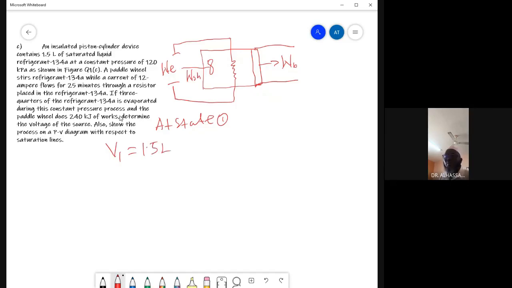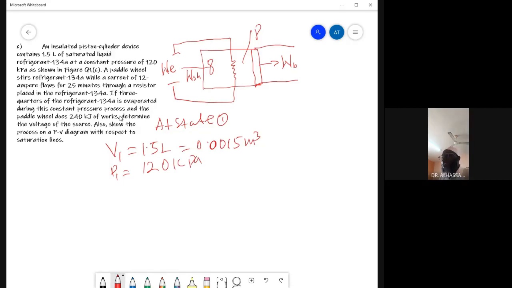This gives us, in meter cube, about 0.0015 meter cube. Then the pressure in the system is P1 equals 120 kilopascal.